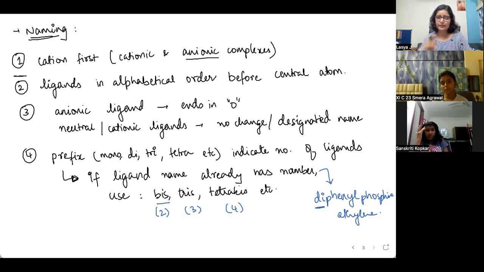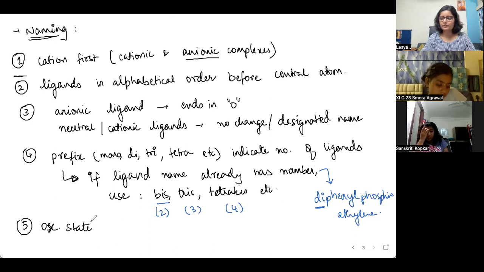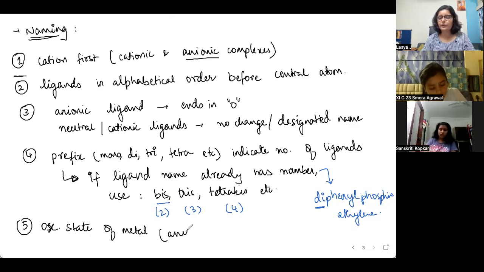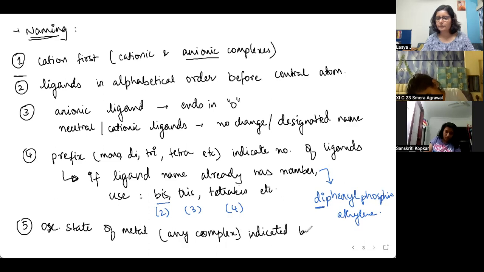So you've covered the central atom and the ligands. Then mention the oxidation state of the metal. For any complex, whether cationic or anionic, it is indicated by a Roman numeral in regular brackets, also called parentheses.